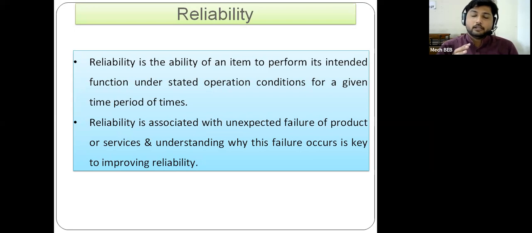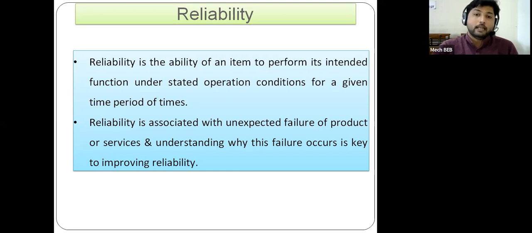Those unexpected faults happening during the working period or during its lifetime will be considered a failure. In reliability, the concept is related to failure only. Industries try to understand why products fail and how to reduce that failure in the design phase only. For that purpose this reliability concept is important.